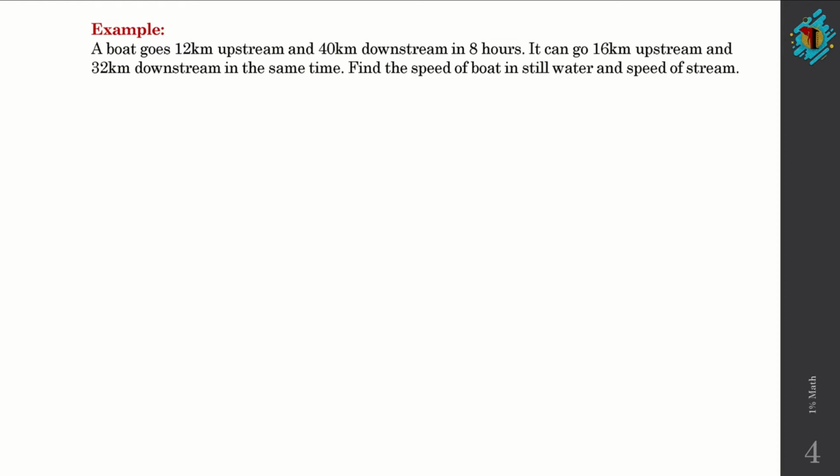You can see here a boat goes 12 km upstream and 40 km downstream in 8 hours. It can go 16 km upstream and 32 km downstream in the same time. Find the speed of the boat in still water and speed of stream. So we are going to use the same idea over here. One thing you have to understand here, the time which is given, it is 8 hours, correct?